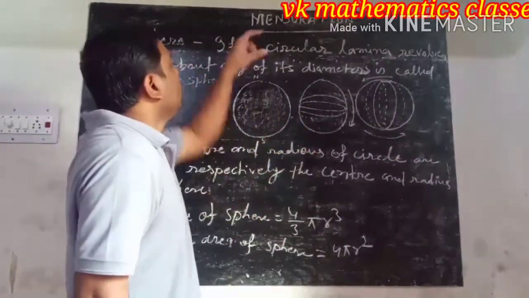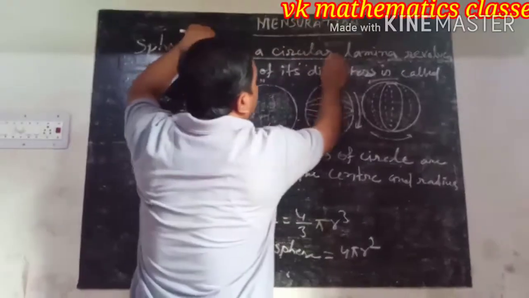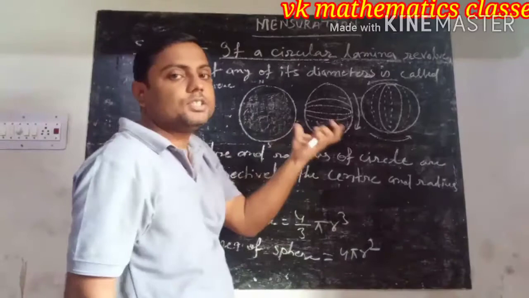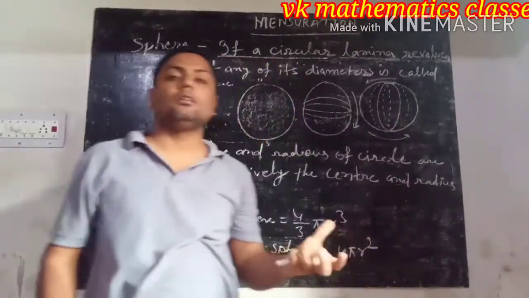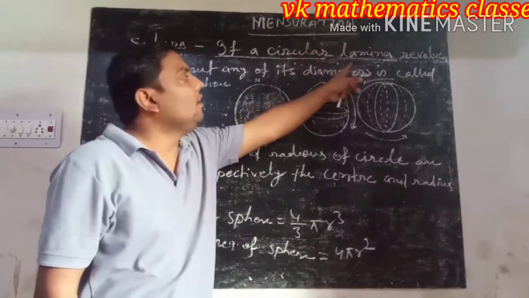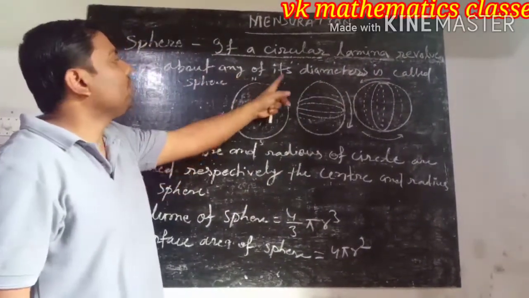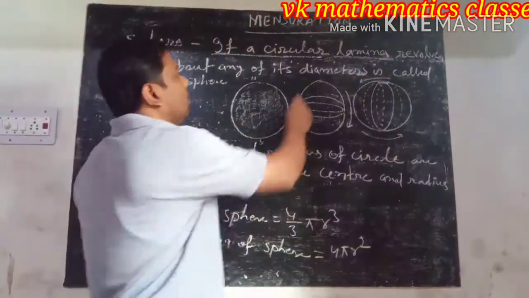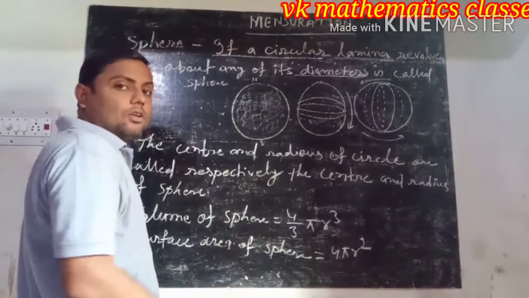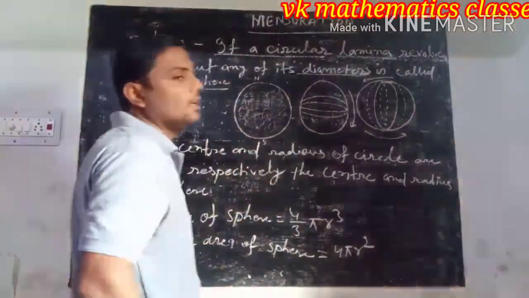So we can reduce it to a definition. If a circular lamina, lamina meaning circular disc, revolves about any of its diameters, it is called a sphere.